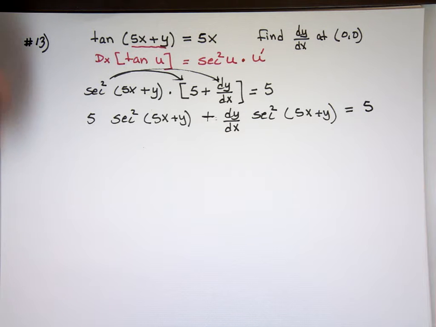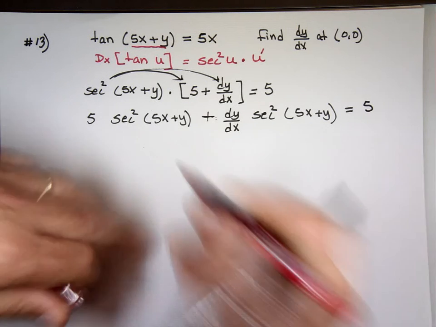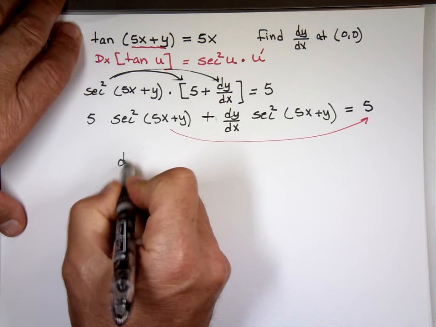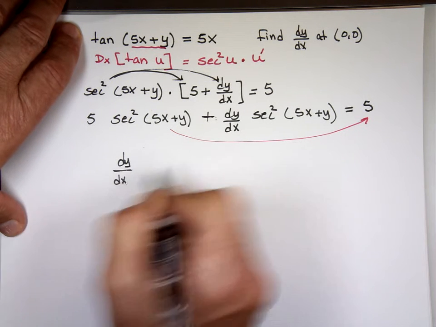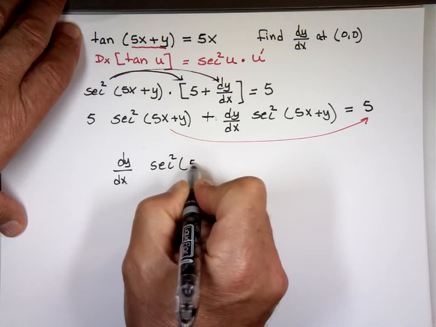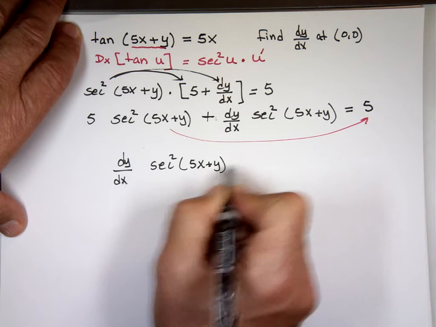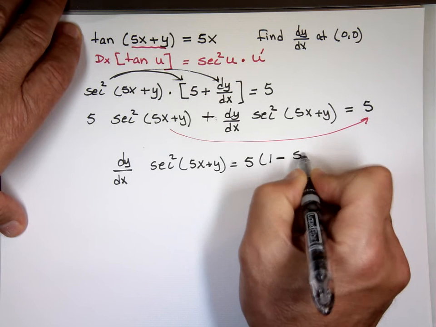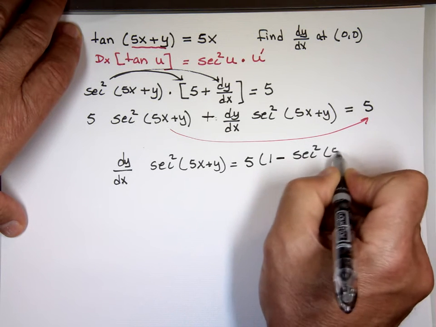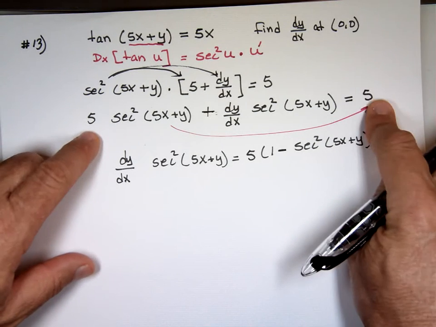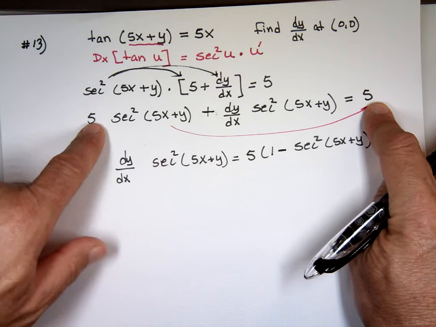I can move this to the other side. dy/dx times secant squared (5x plus y) equals, I can factor a 5 out, 5 times (1 minus secant squared (5x plus y)). So I factor that 5 out of both of these. When you bring this one to this side, it becomes a minus. I took the 5, put it in the front.